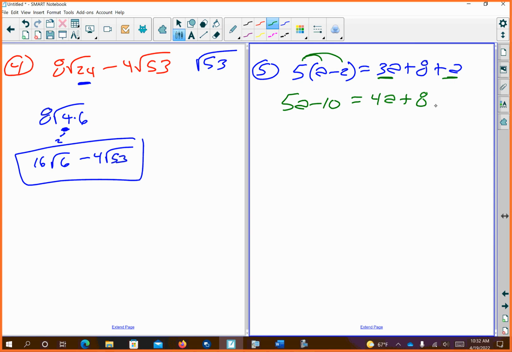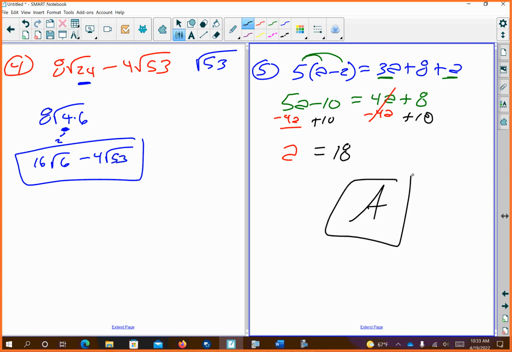Agree? Okay? We don't have big squares or anything like that. So I'm going to subtract 4a. So that's going to give me an a over here. Those cancel. And then I'm going to add 10. So that's a 10. So a is equal to 18, which looks like answer A. Okay?